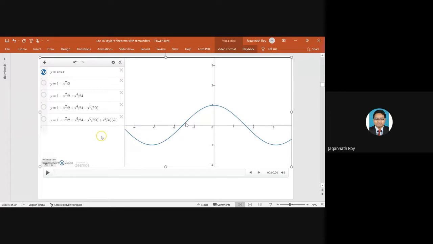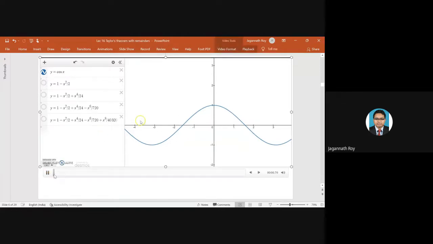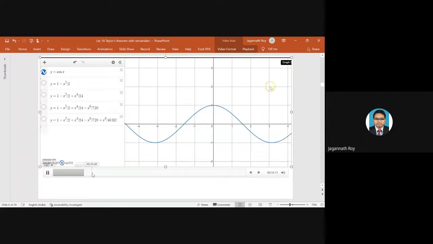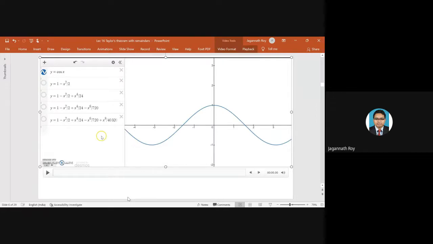Now if you look at x equals 1, and at the function, let me just take this snap.